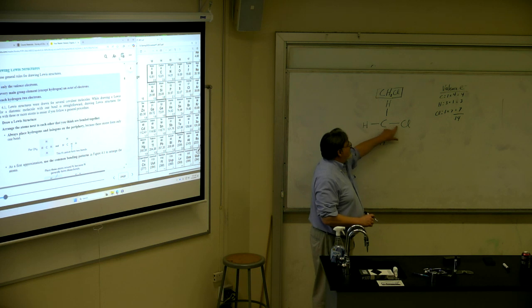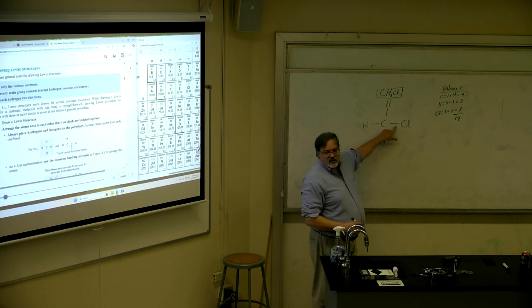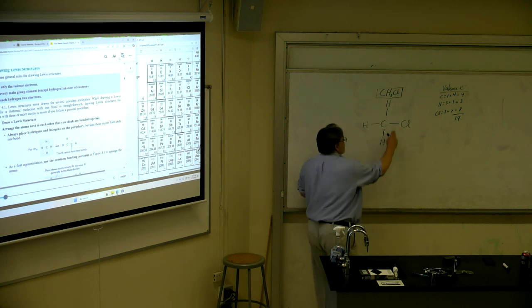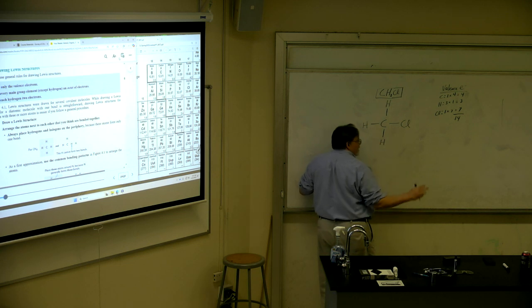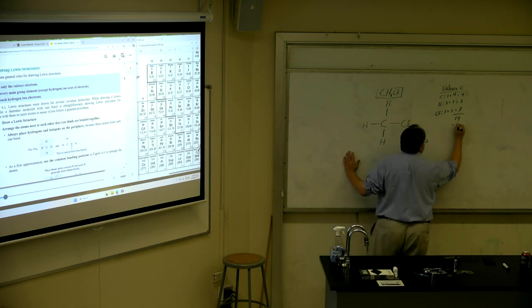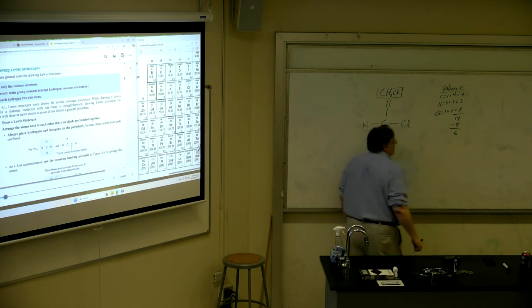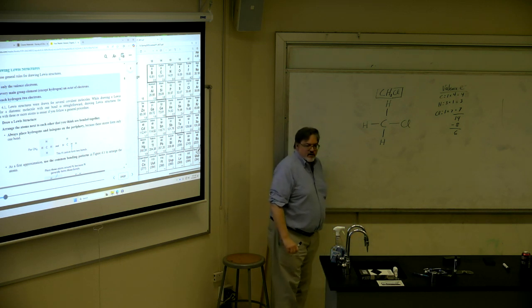How many electrons are in this line? Yes, 2. These are the 2 electrons that are being shared between these two. So we've got 2, 4, 6, 8. We've already used 8. I'm going to subtract 8. What is that? 6. So I've got 6 more to put in here.